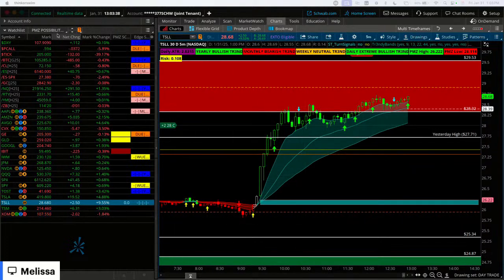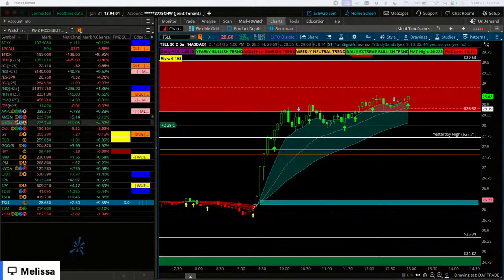So this list of names really starts here with Apple. I trade from a small cash account, small meaning the balance is less than $25,000. So I trade from a cash account so that I can day trade.